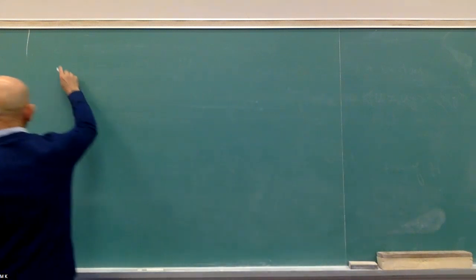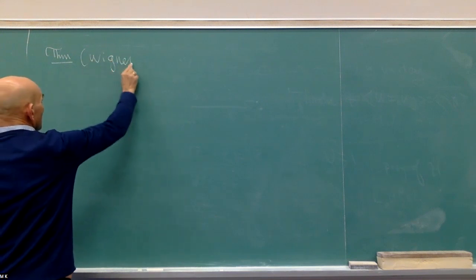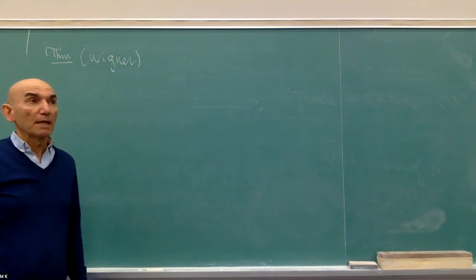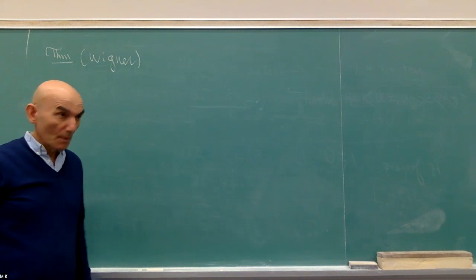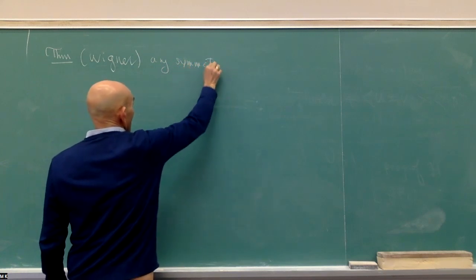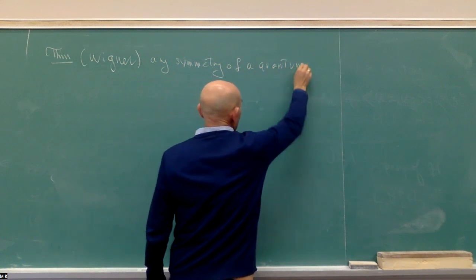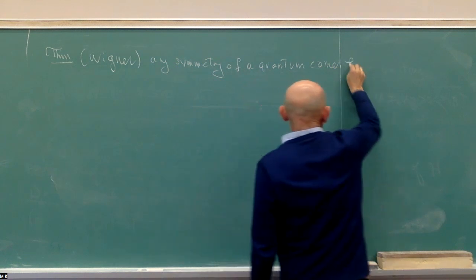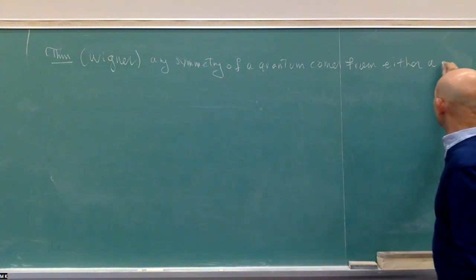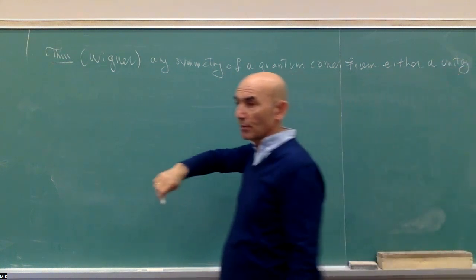This is the theorem of Wigner, around the 1930s, I think, very early on: any symmetry of a quantum system comes from either a unitary or an anti-unitary.